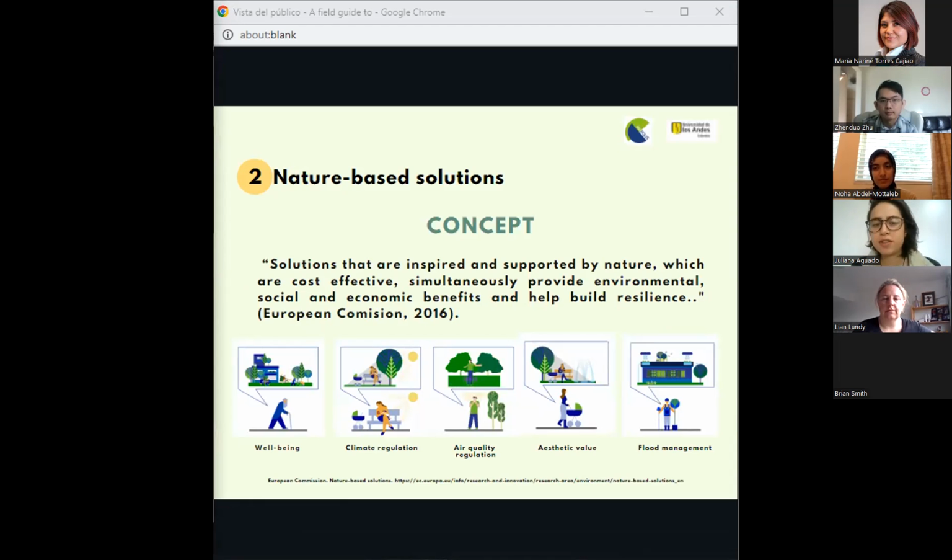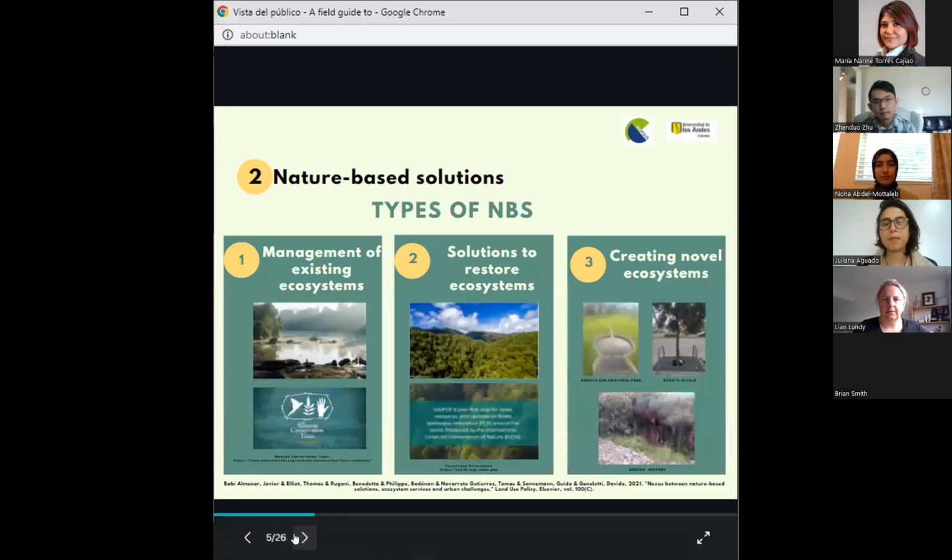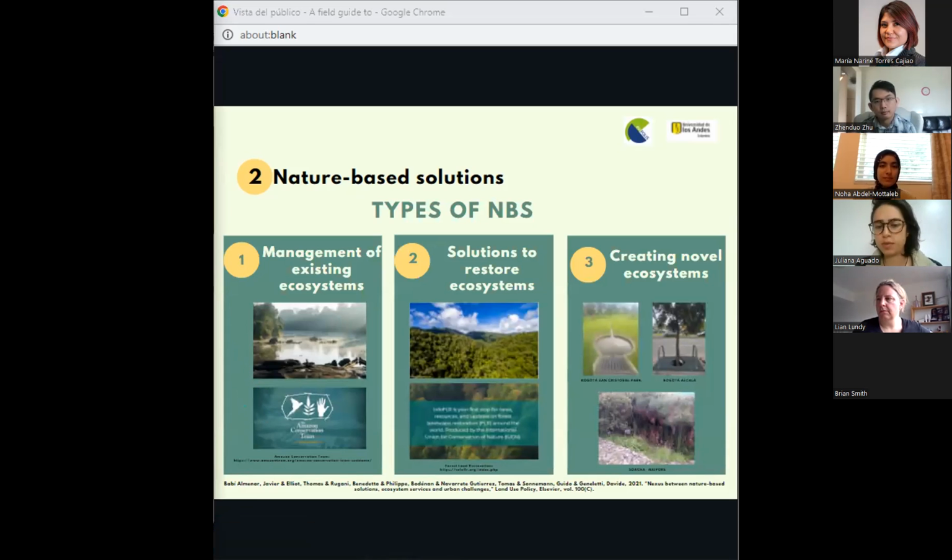This is considered also an umbrella concept for other initiatives like green infrastructure, sustainable urban drainage systems, and best management practice. So that's the reason why many researchers have made an effort to define and classify the NBS types according to their capacity to address urban challenges.